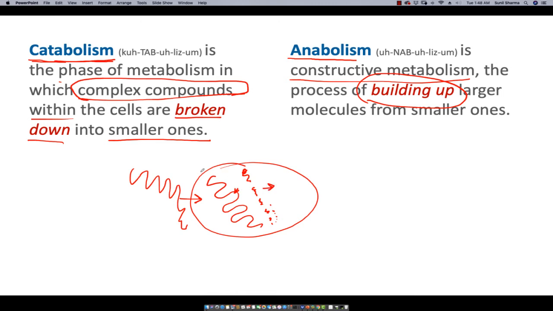That's the catabolism, so we'll just call it the cat. Then the cell restructures it into another protein that's more suitable for the cell, or that the body needs in other areas where it's going to be sent out. That process is called anabolism. So we have catabolism and anabolism.